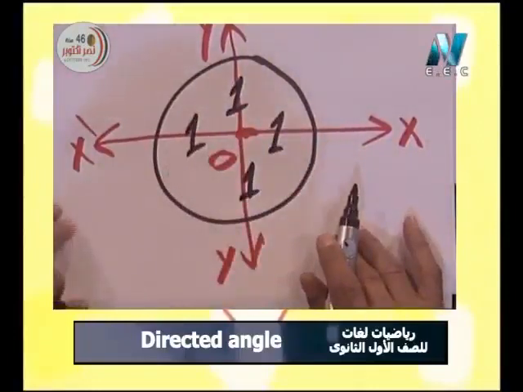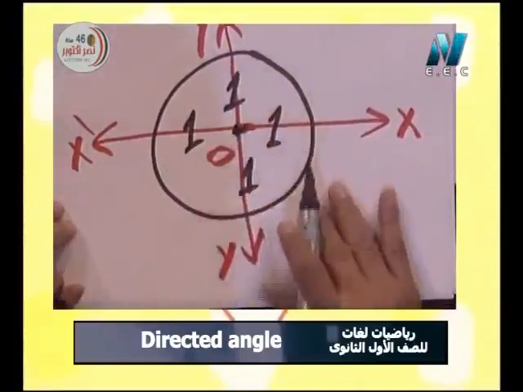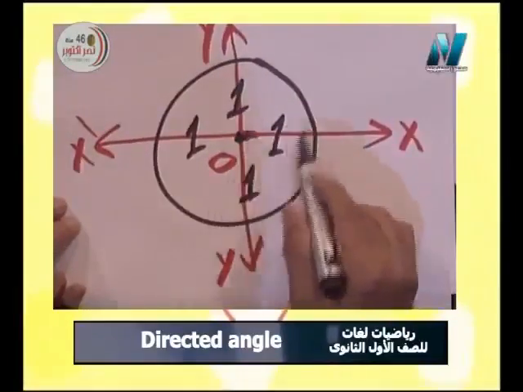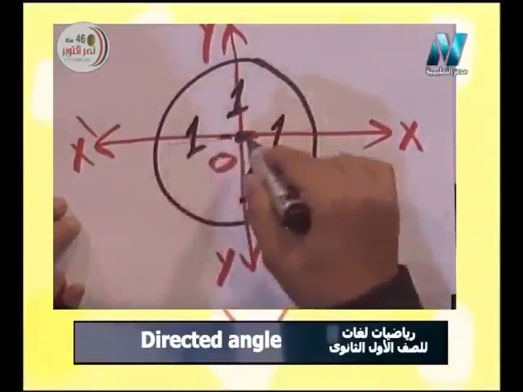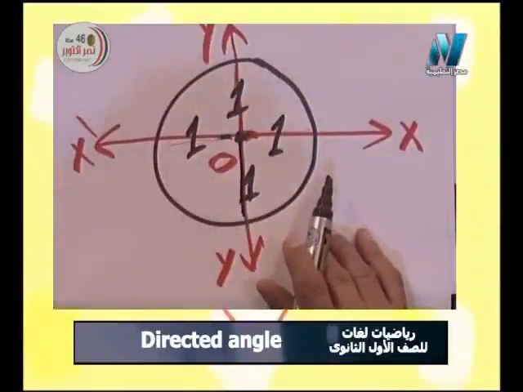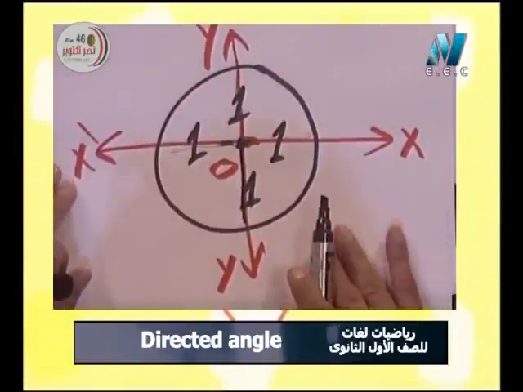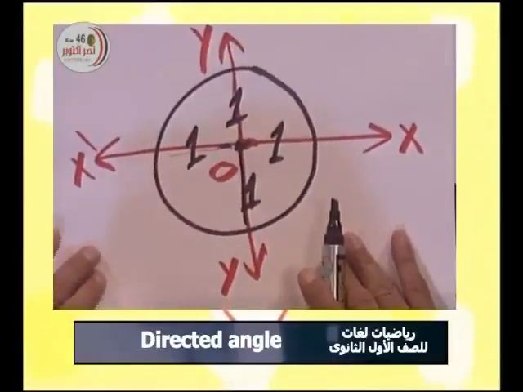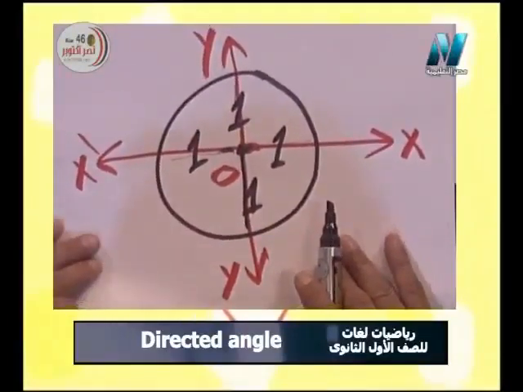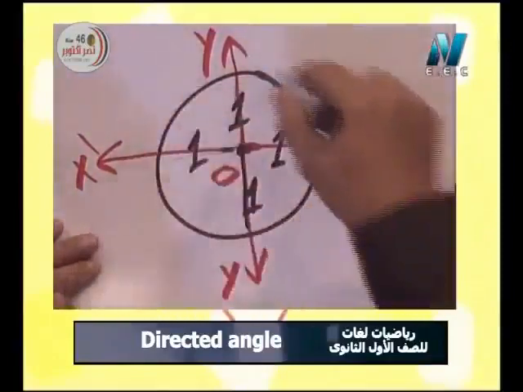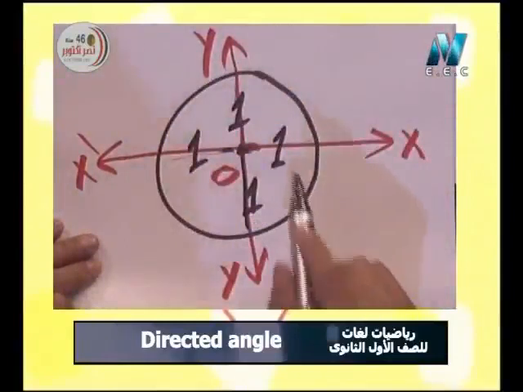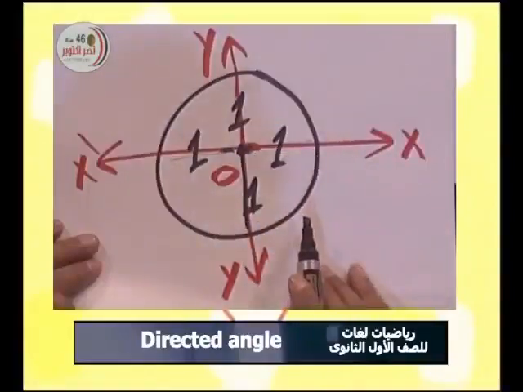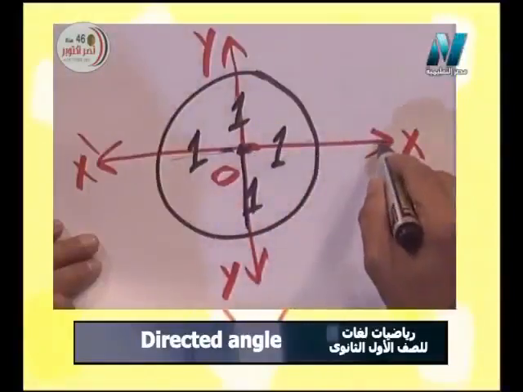Since each radius here equals 1 unit, we can say 1 centimeter, 1 meter, 1 kilometer, as we wish. If we have each radius equal 1, so we will call this circle a unit circle because its radius equals 1 here.